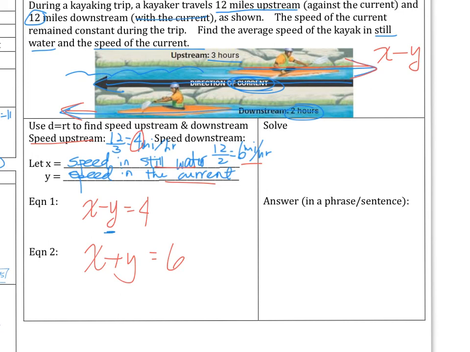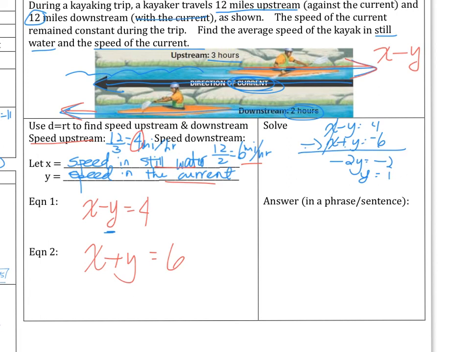So now we can solve for x and y. Negative 2y equals negative 2. Y would equal 1.